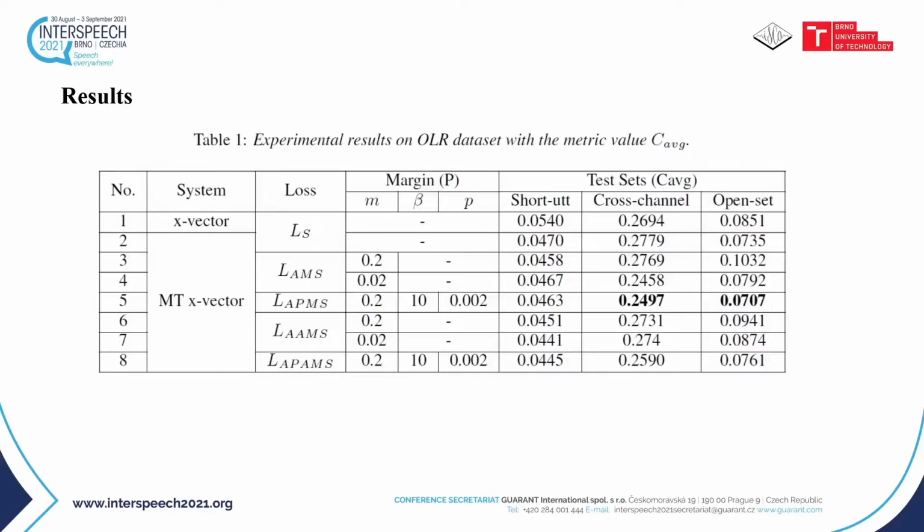The results reinforce the assumption that dynamically setting the margin or angular margin according to the phonetic information for each training sample is more reasonable than using a fixed margin or angular margin shared by all training samples.